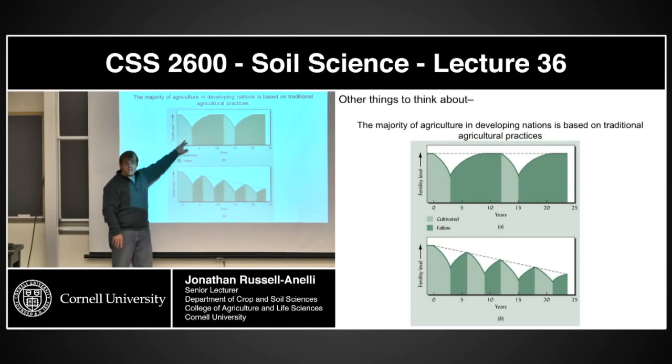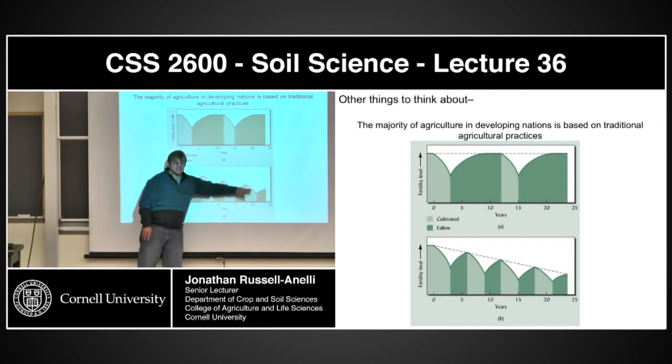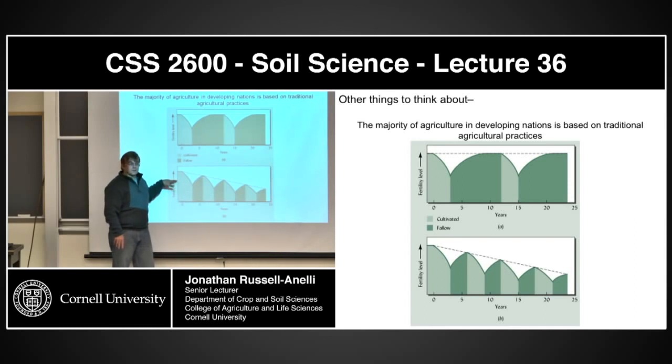This was extremely sustainable. This is not. Because as this line goes down, I'm not getting the same amount of production each year during the harvest period. My soil fertility is going down, and if my fertility goes down, my production goes down. Does that make sense?